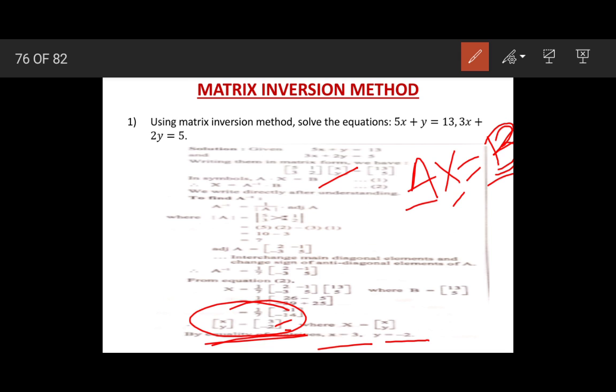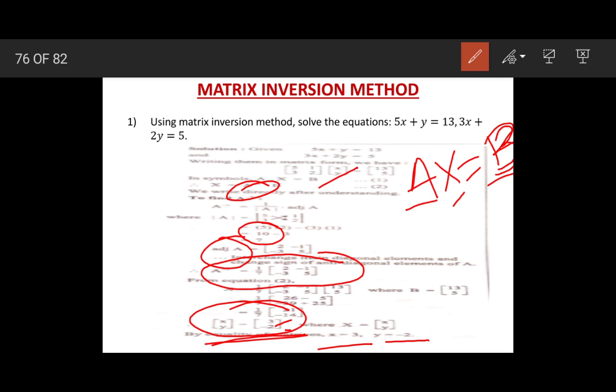Then after writing the equation in matrix form, next we have to find A inverse. To find A inverse, first we find the determinant of A, then the adjoint of A, then A inverse will be 1 upon determinant of A into adjoint of A.